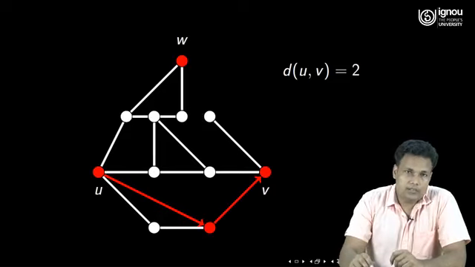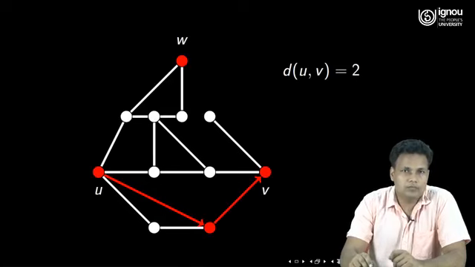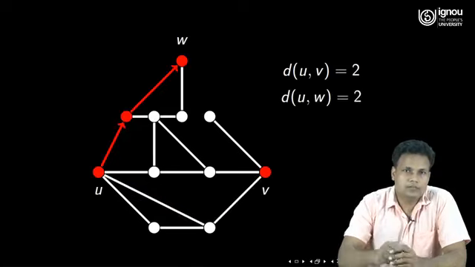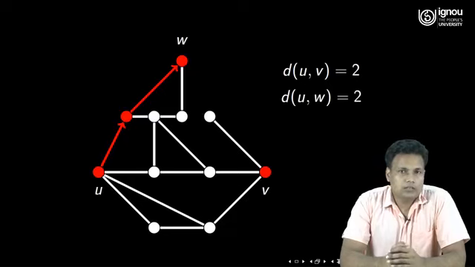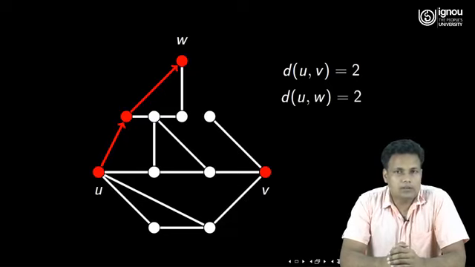Now look at the vertices u and w. The shortest path from u to w is shown in red edges, which also has length 2 and hence the distance between u and w is also 2. Now just look at the vertices v and w.